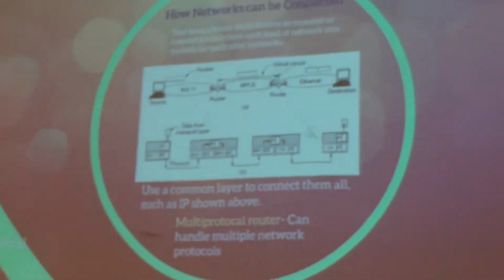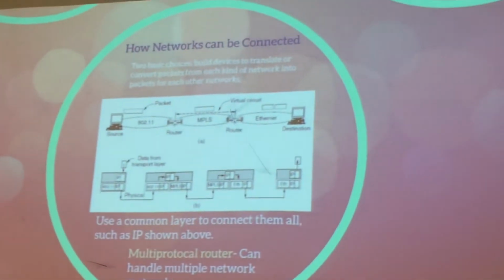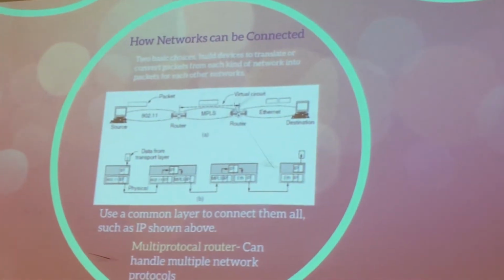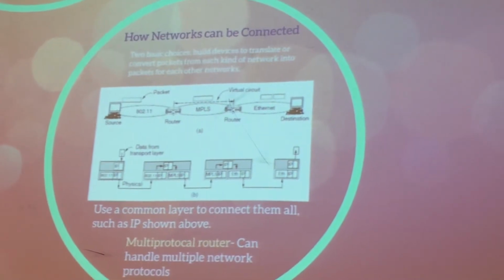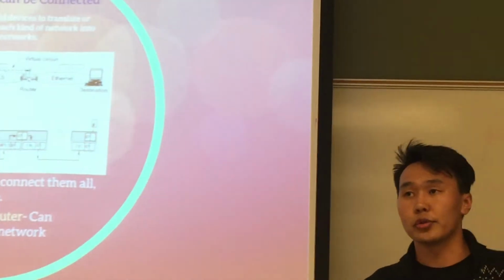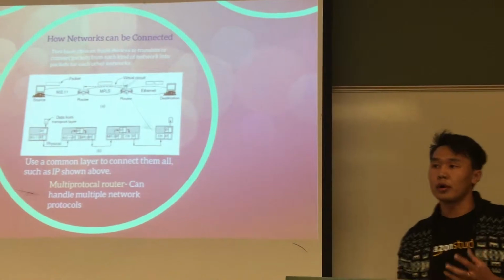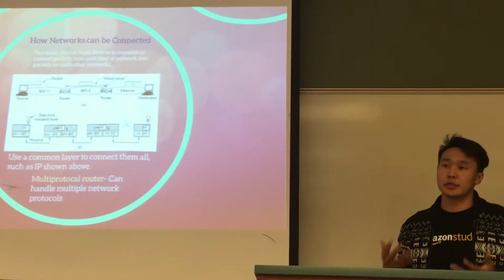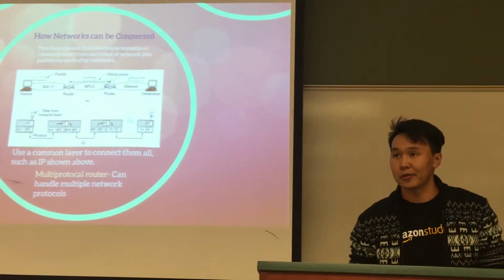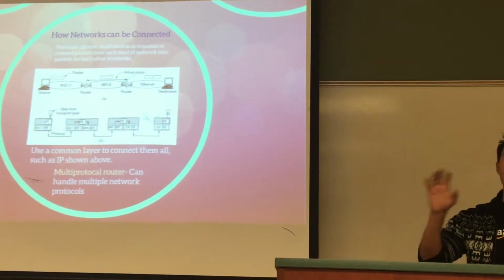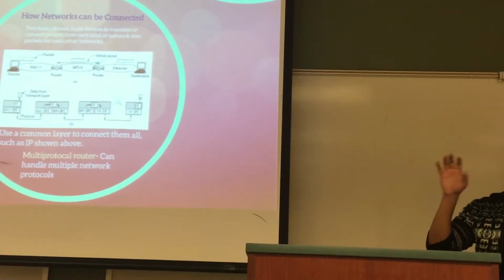Let's see. There are two basic ways we can connect different networks. First, we can build different devices that connect those different networks. Or, like good computer scientists, we can build common layers on different networks.